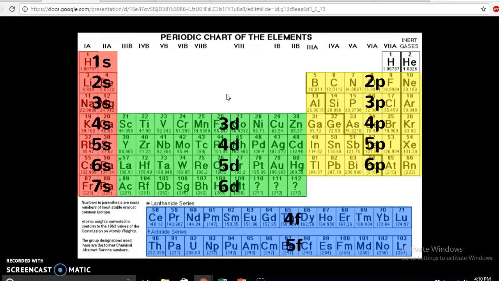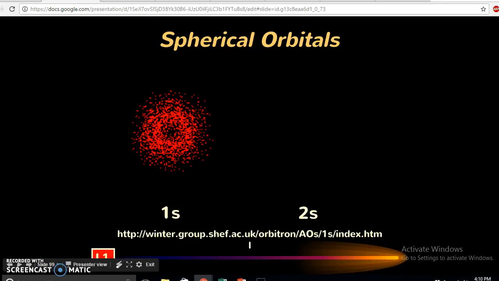So what do these orbitals really mean? Let's look at them. Let's first look at the 1s and the 2s orbital. The 1s orbital is the first orbital, and it holds 2 electrons inside of it. The electron can be anywhere inside of that cloud, but it's bound to it.